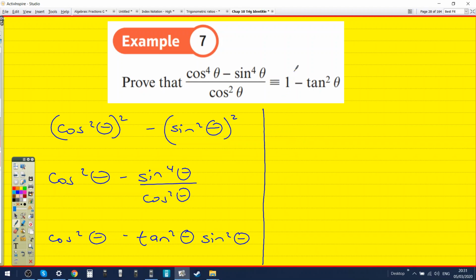We're trying to change that into 1 minus tan squared theta. Well, the 1 could come from cos squared theta plus sine squared theta, but I don't see how that could work. You could convert sine squared theta. What could you convert that into? 1 minus cos squared theta.